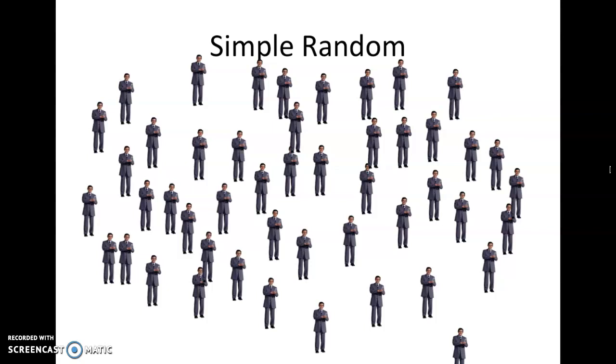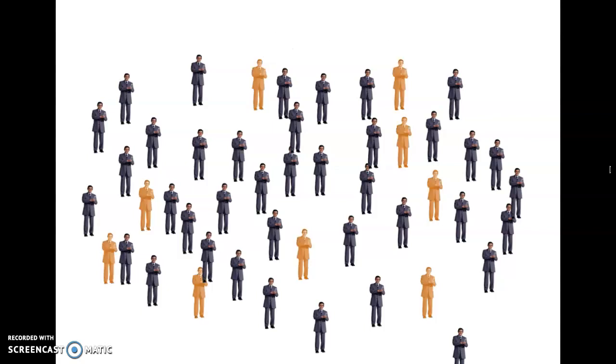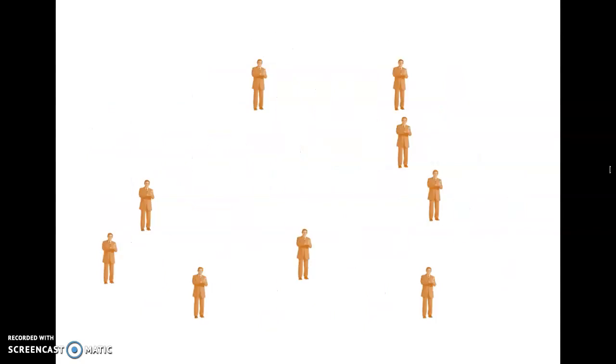In a simple random sample, you'd have your population, and essentially everybody in the population would have the exact same probability of getting chosen. Depending on how many people there are, there looks like maybe about 25 here, so each person should have a 1 in 25 chance of being chosen. You'd randomly choose those people out of your population, and then those people would become your sample.